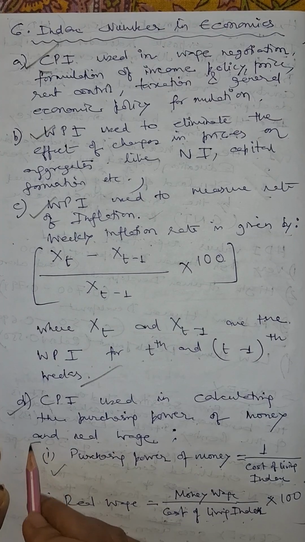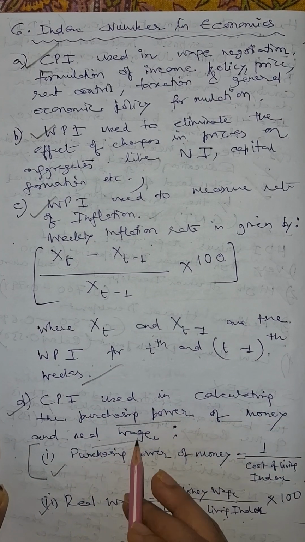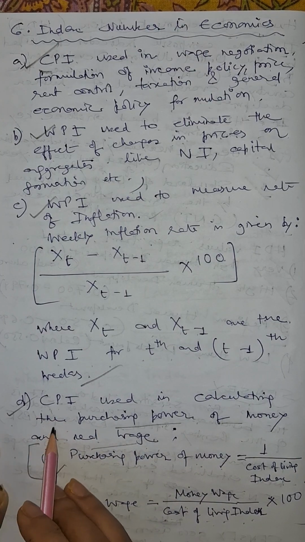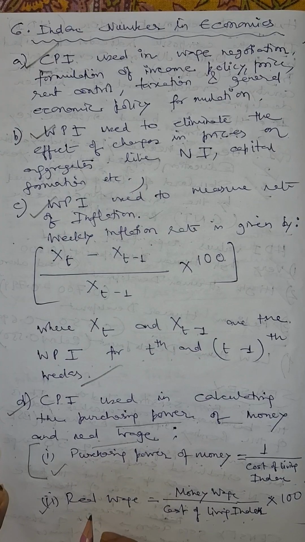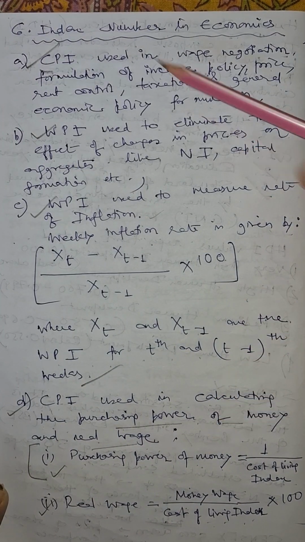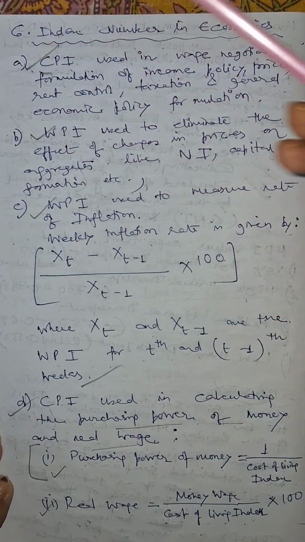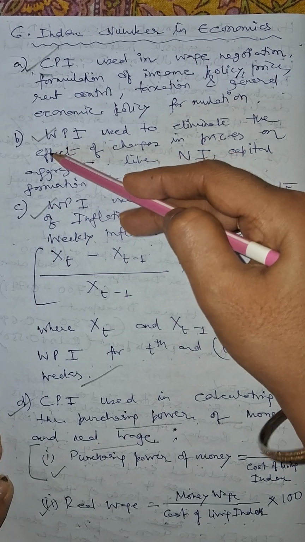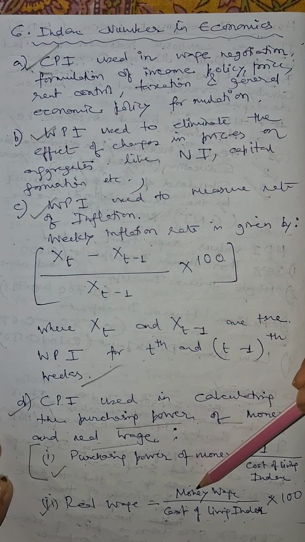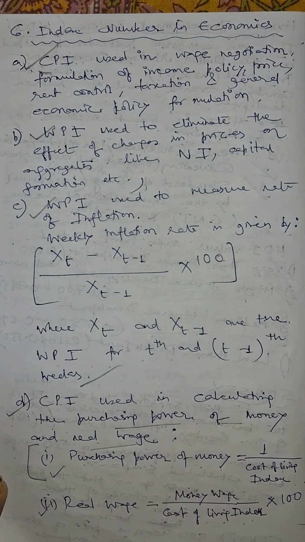So these are the two uses of CPI, calculating the purchasing power of money and the real wage. These are the index numbers in economics and where they are used: the consumer price index and the wholesale price index, the two types of price index.